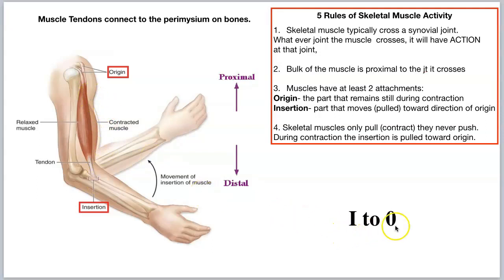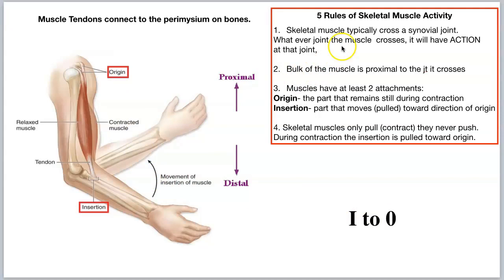That is going to be how you figure out the actions, aka the movements of that muscle. I to O: the insertion, that bone that the muscle is inserted to, is going to be pulled towards the direction of the origin.